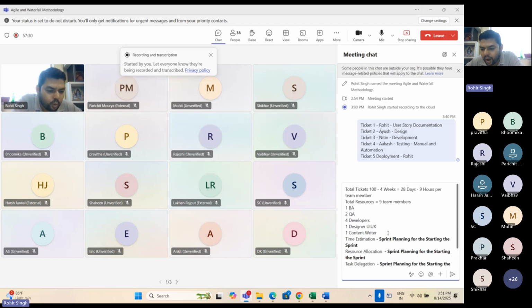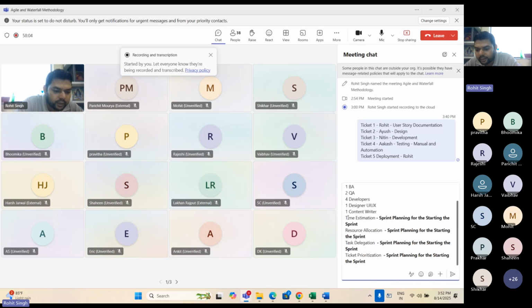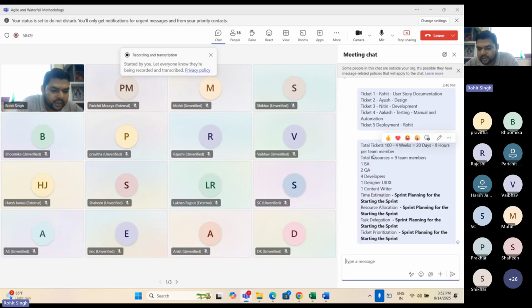So now I have to divide these 100 tickets amongst my 9 resources, each performing a 9 hour a day shift for 28 days. Now if we remove the weekends, it becomes less, 20 days. So according to 20 days, 9 resources and a 9 hour shift, I have to do the time estimation, resource allocation, task delegation, and ticket prioritization of all these 100 tickets.